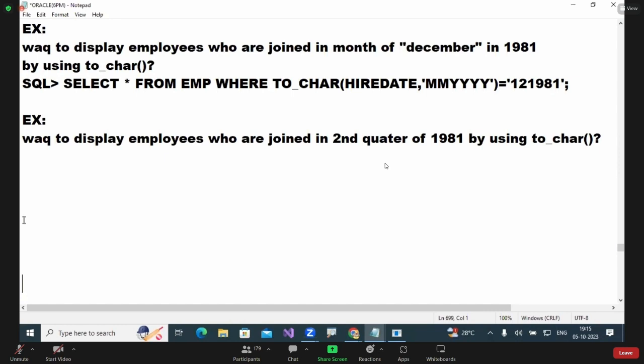Good. Here it is not necessary to keep this. Brackets are not needed, directly. Why this much here? Which quarter am I asking? Second, so put 2. That's it.